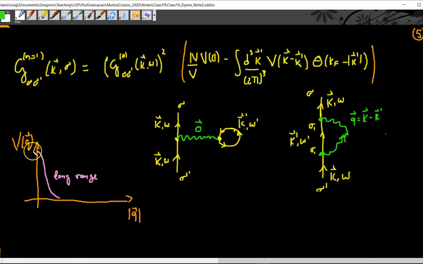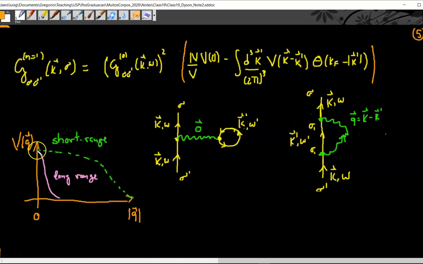Now, if this would be short range in space, say an interaction that is collision-like, right? Very short range. Then by the same token, it means that it spreads out in momentum. So this is short range. Now, this is Q equals 0, right there.